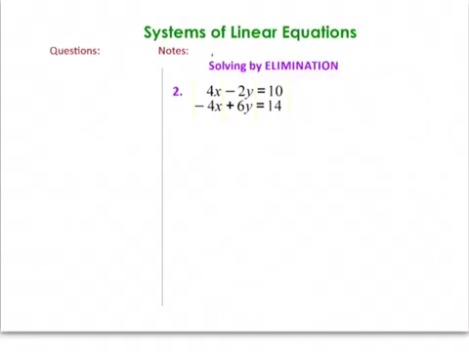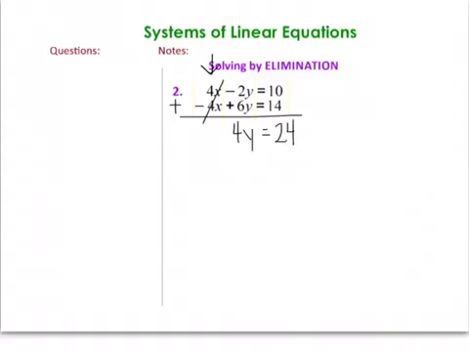Well, if I look, I have 4x and negative 4x. My x's are going to cancel each other out when I add straight down. 4x minus 4x gives me 0x, or they cancel. Negative 2y plus 6y gives me 4y equals 24.